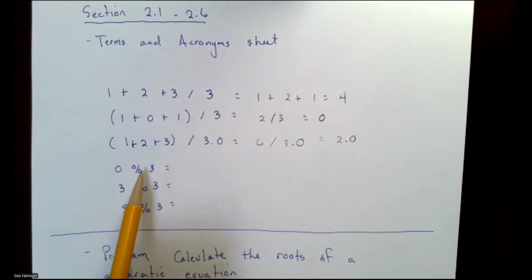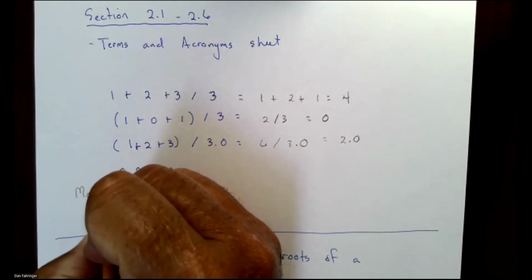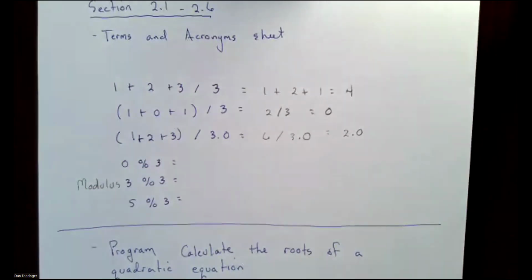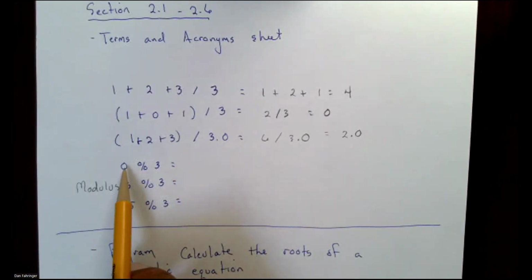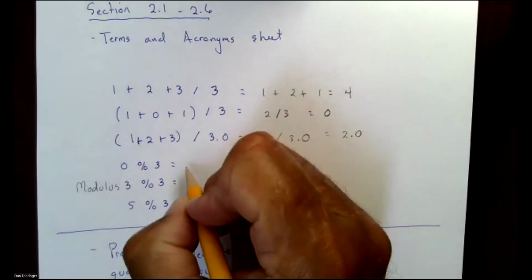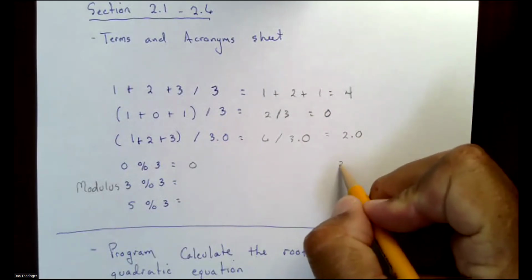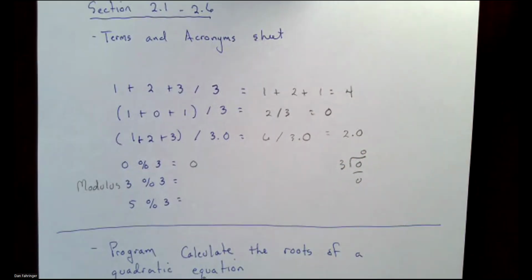This percent sign stands for modulus. That's the remainder. How many times does 3 go into 0? None, with a remainder of 0. If I divided 3 into 0, it goes 0 times with a remainder of 0.